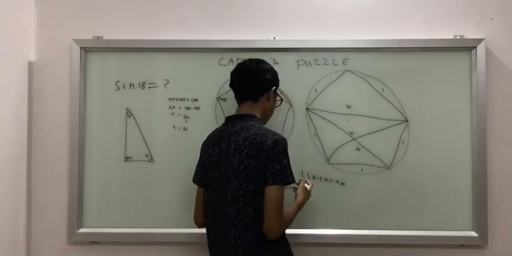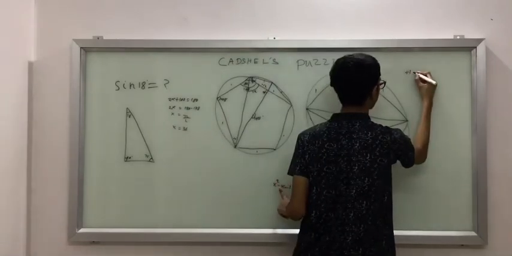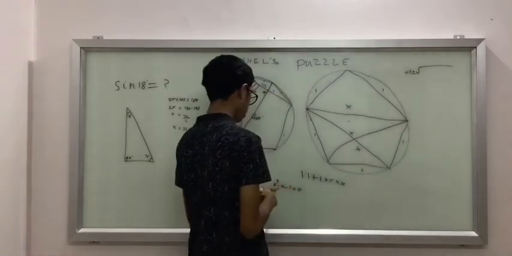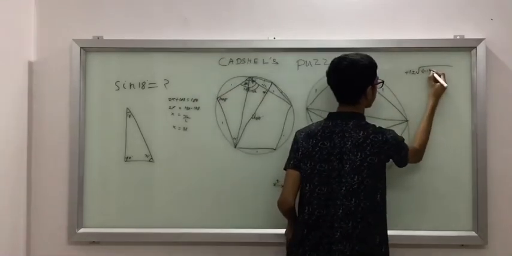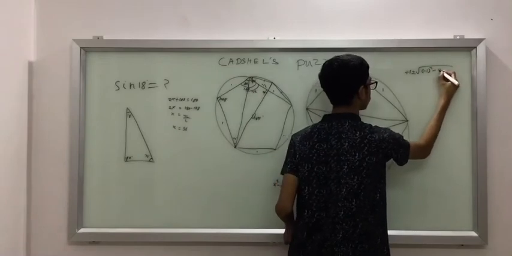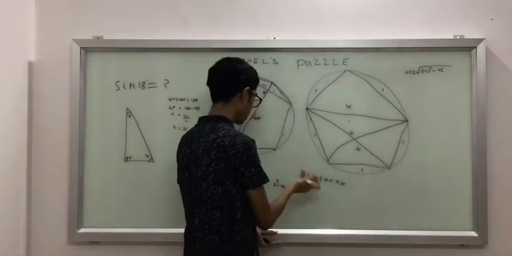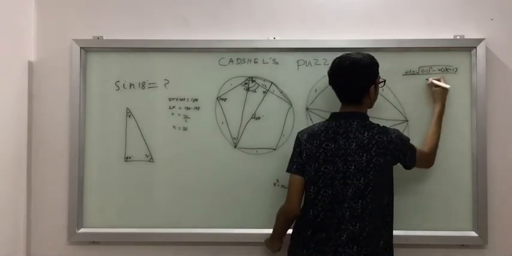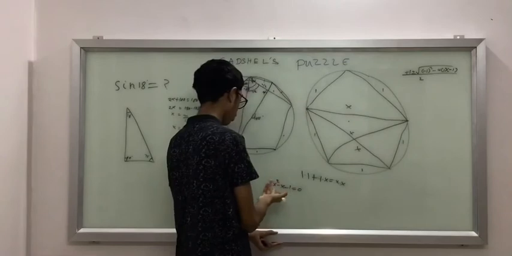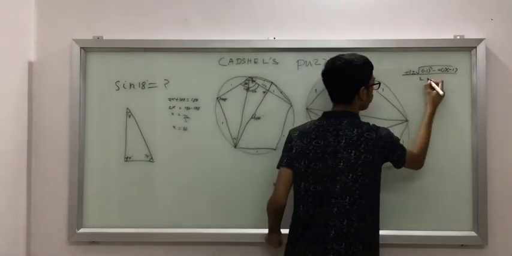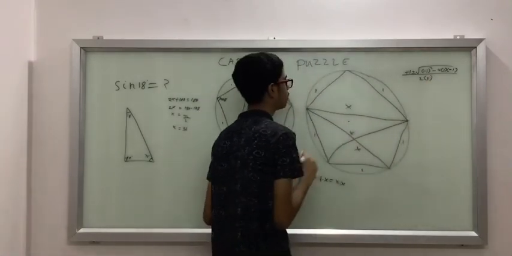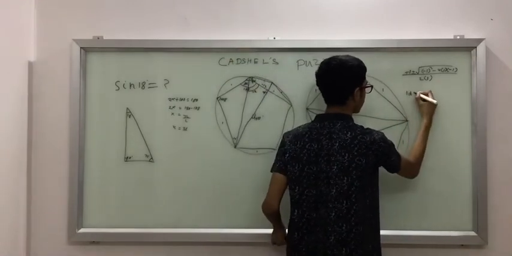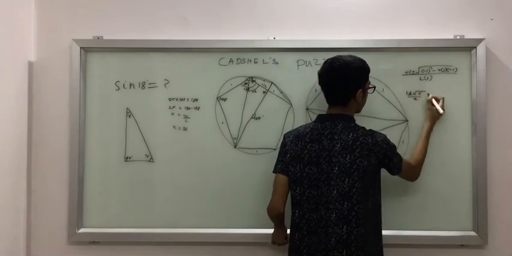Minus b plus or minus square root of b square, minus 1 the whole square, minus 4 into 1 into minus 1, by 2 into 1. Now if I simplify this, I get 1 plus or minus square root of 5 by 2, and this is equal to x.